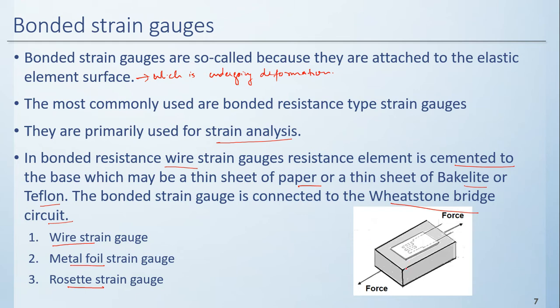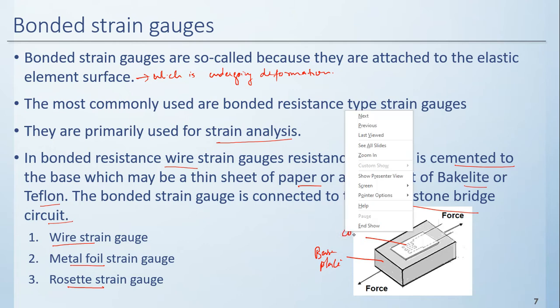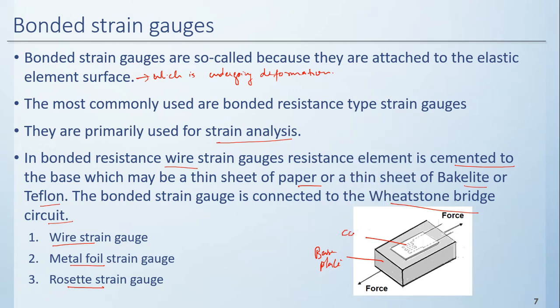This picture shows you have a base plate, and this is your coil. You are cementing this coil above the base plate. Now, the base plate will be subjected to force, and it will deform.